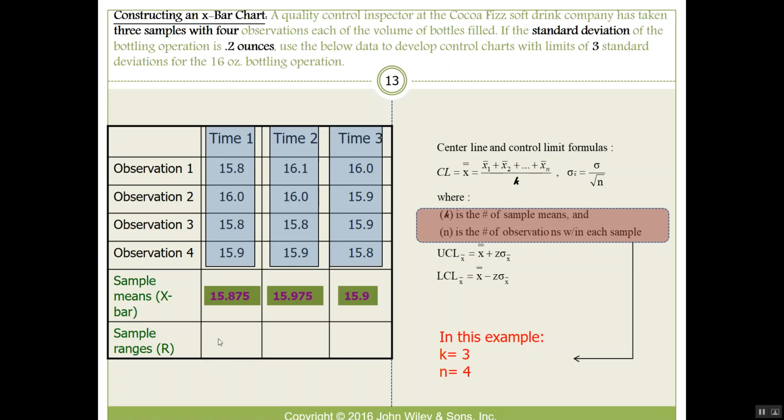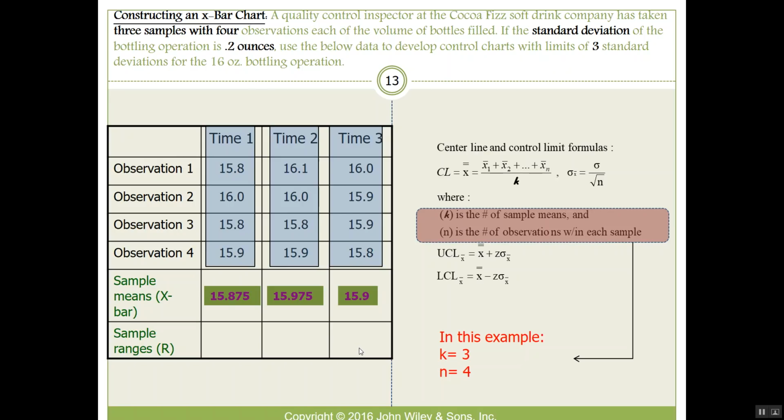So for sample 1, the difference between the highest and the lowest, so the lowest is 15.8, either this one or this one. The highest is 16.0. So the difference is simply 0.2. Here, 15.8 is the lowest, 16.1 is the highest, so 0.3. And then again 0.2 here.